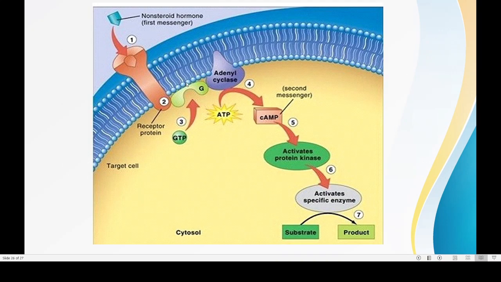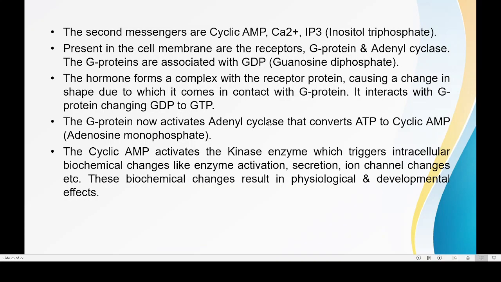So when GTP attaches to the G protein, adenyl cyclase activates and changes one ATP molecule into a cyclic AMP. The G protein converts ATP to cyclic AMP, known as cyclic adenosine monophosphate, and cyclic AMP activates the kinase enzyme and triggers different types of cellular reactions.